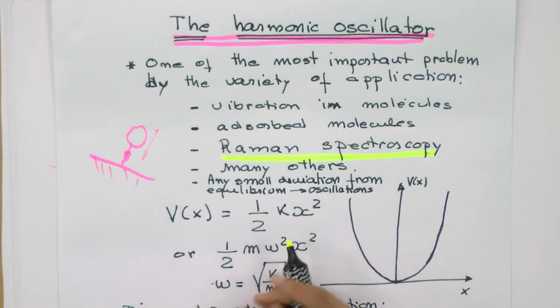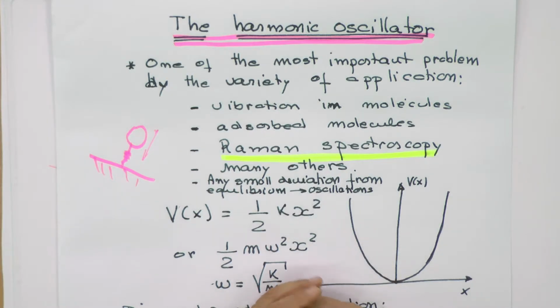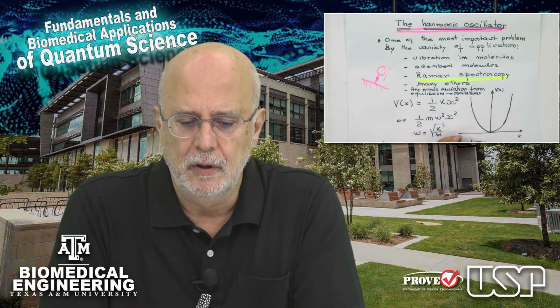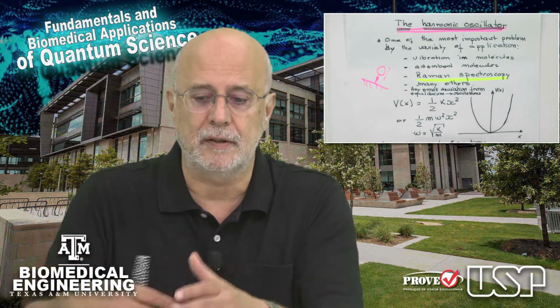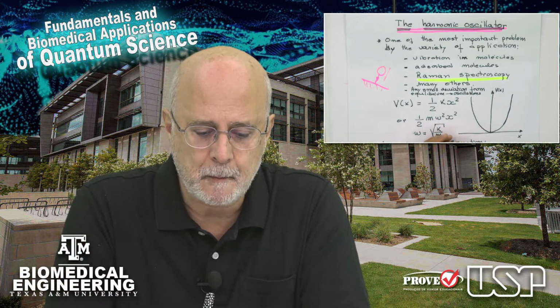So Raman spectroscopy is very important, and we're going to have a special lecture for spectroscopy in general, as soon as we finish all these important examples in quantum mechanics.